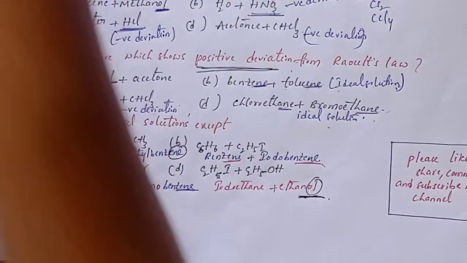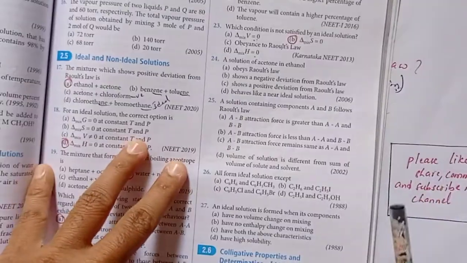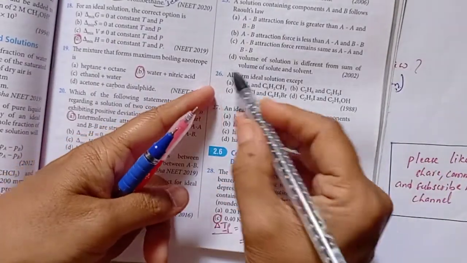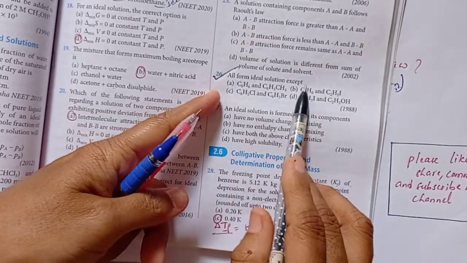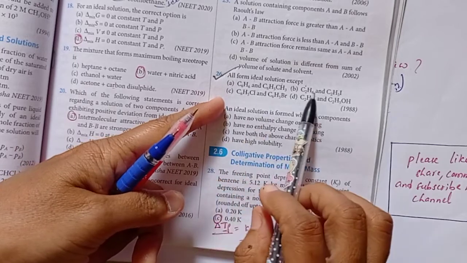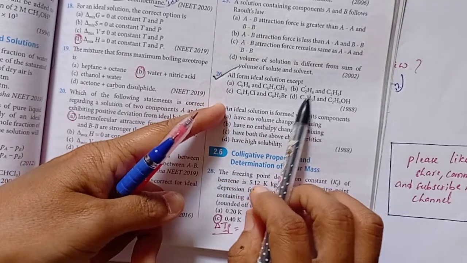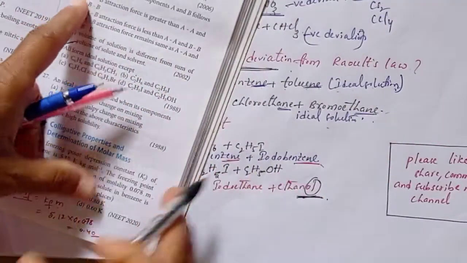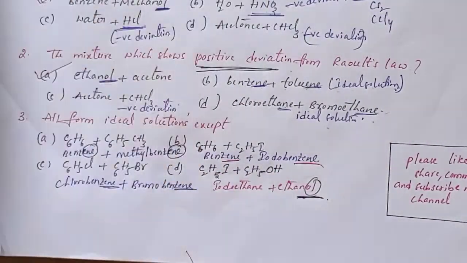Clear this one? See students, once again we will check the examples. All form ideal solutions except this question. This is benzene, this is methyl benzene, this is ethane, this is iodoethane.